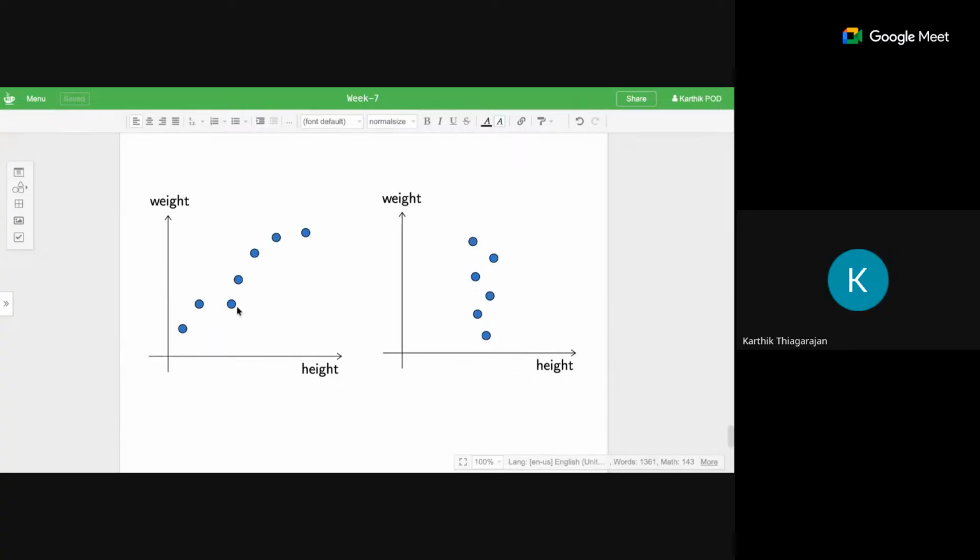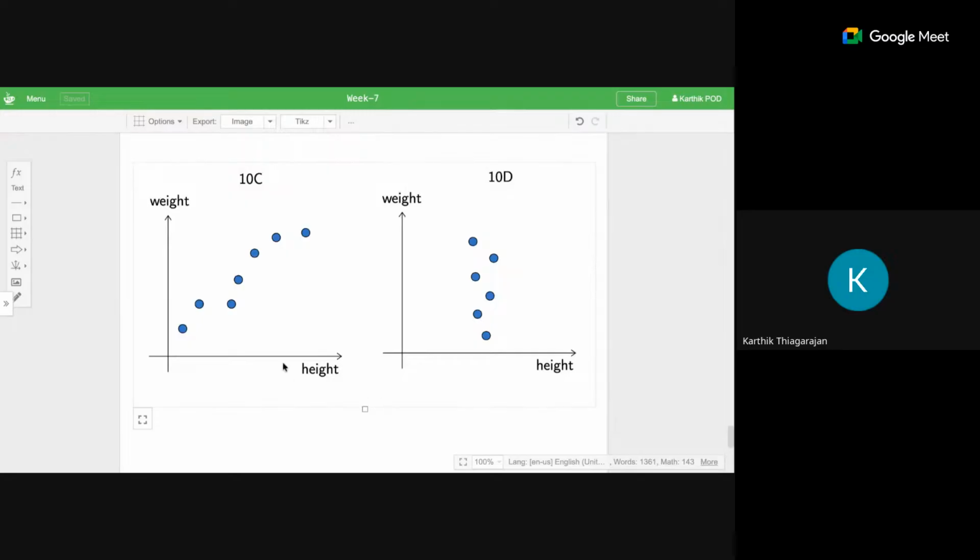So look at this scenario. You are measuring the weight and height of students in a class. You have 2 classrooms. On the left is, say, class 10C, and this is class 10D. These are the weights and heights of the students of 2 different classrooms.